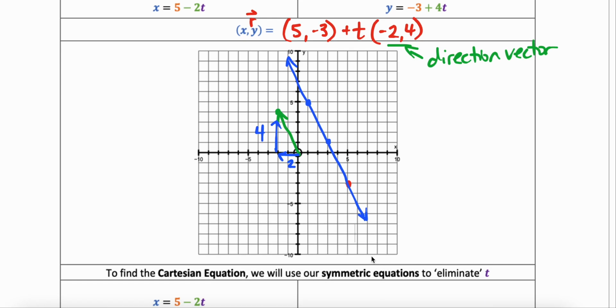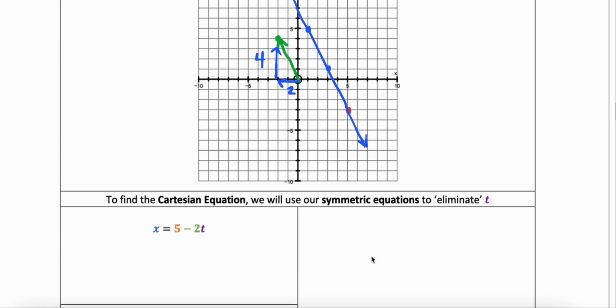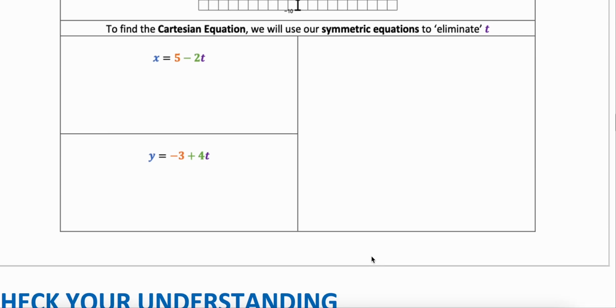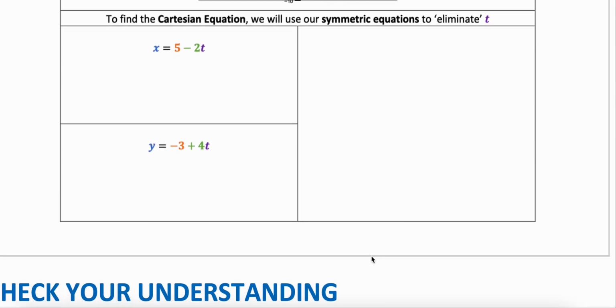If I wanted to now take that information and find the Cartesian equation, we might want to consider our symmetric equation that we looked at briefly yesterday. So the symmetric equation says that I need to isolate for t. So I'm going to take my x minus 5, because that's going to equal -2t. Then I'm going to take my x minus 5 and divide that by -2. That's going to give me t all by itself.